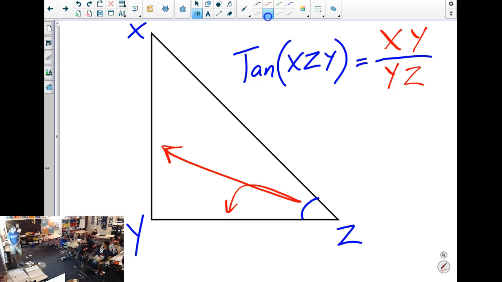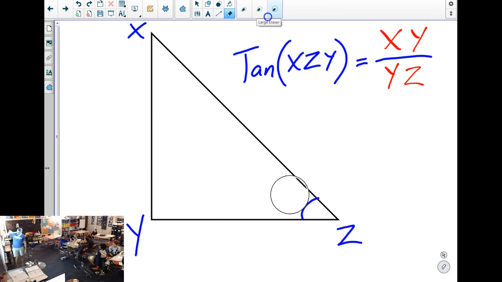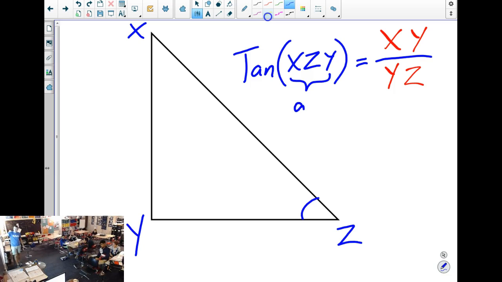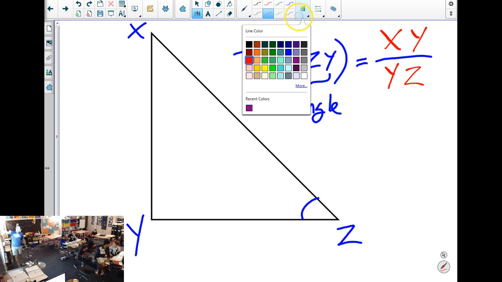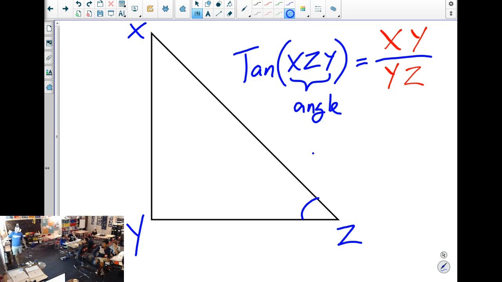Fair. The thing that's in the tan, the thing that tan is multiplying, will it be the degree of an angle or a side length? When using tangent, you are always plugging in the angle. Now what you're getting screwed up on is if we allow ourselves to use the inverse tangent, but that's only to find theta. There, we plug in the ratio of side lengths.